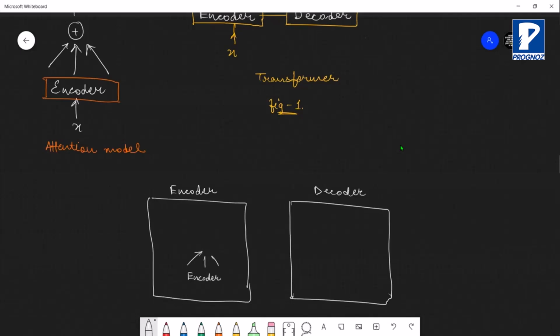As you were saying, we will give multiple inputs. There will be an addition gate. Output will come from here, and you will have a decoder.